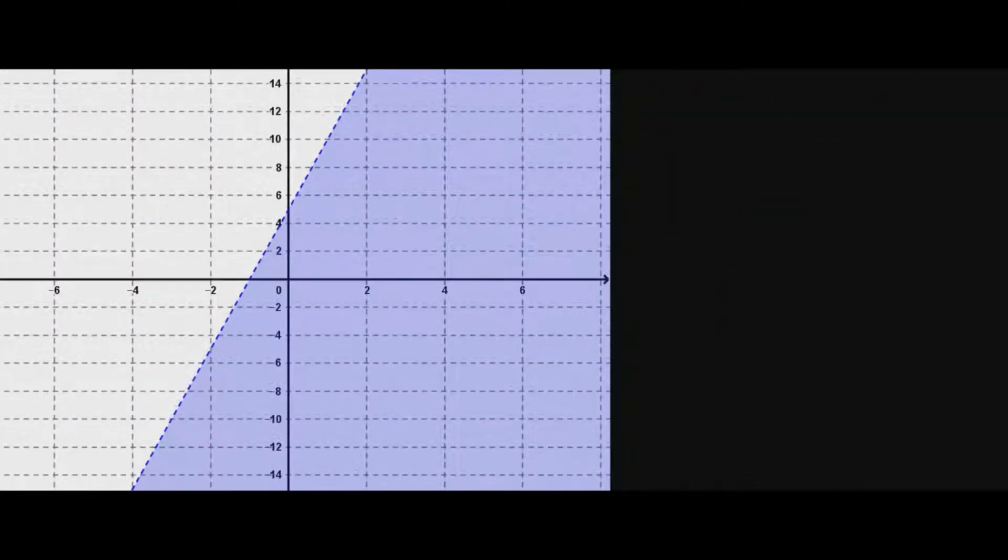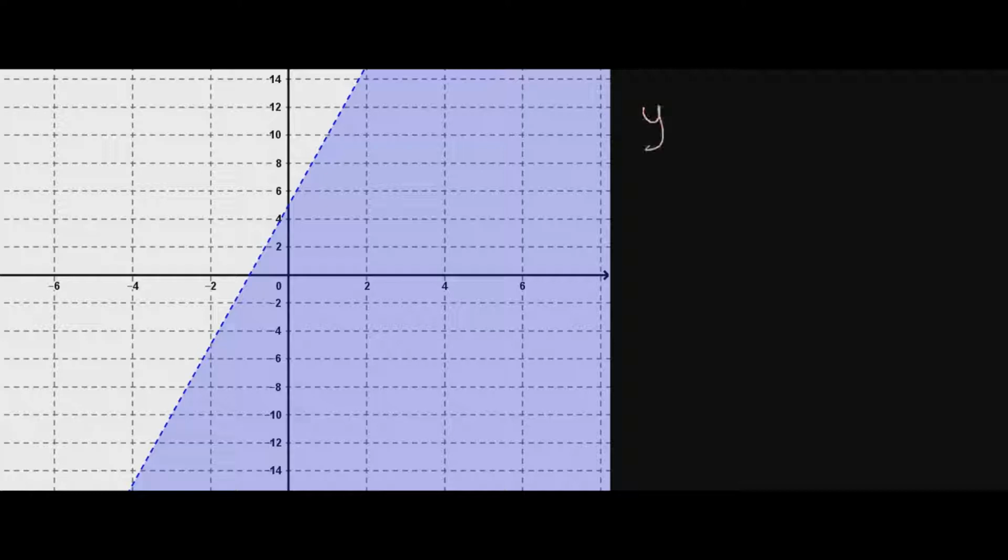So let's take a look at this next example here. Do you want to know whether this problem starts with y is less than or y is greater than? Well, I always like to start at my y-intercept, which is right here, and again, it happens to be 5. I just did random ones. Ask yourself, if you go up from 5, does this part up here go up the y-axis? Does it touch the shaded region?